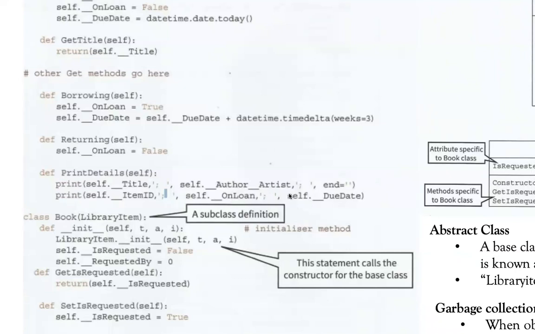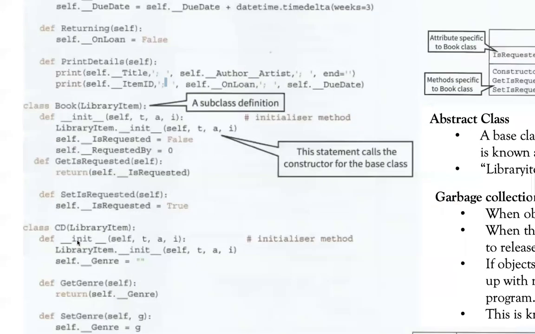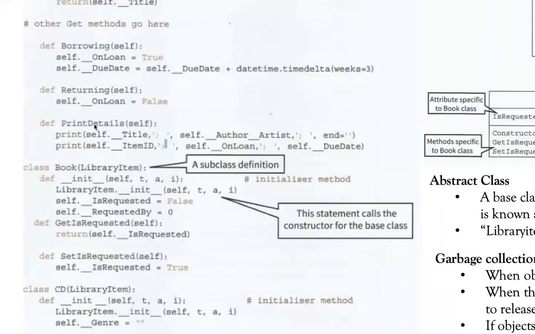All of these details. Now, this is what was originally available to both the book subclass as well as the CD subclass. Now, I'm going to change this for my book subclass only.